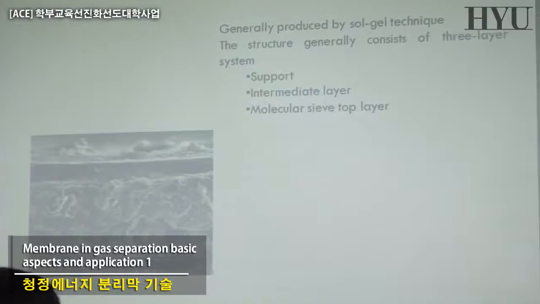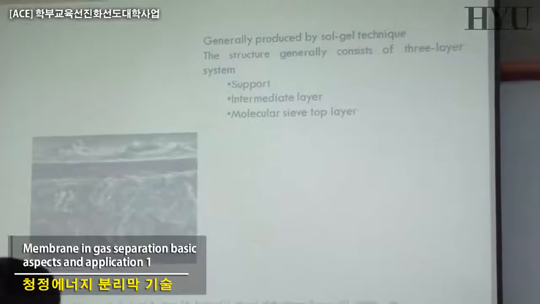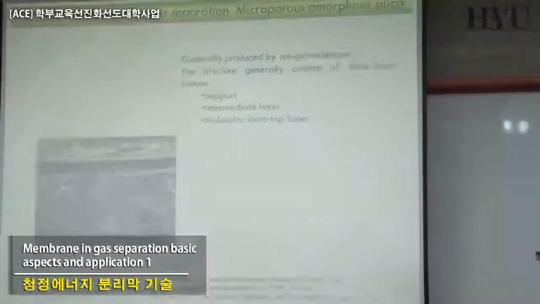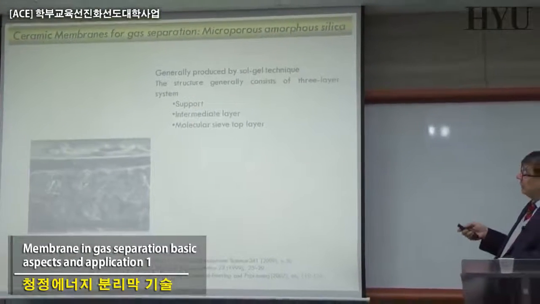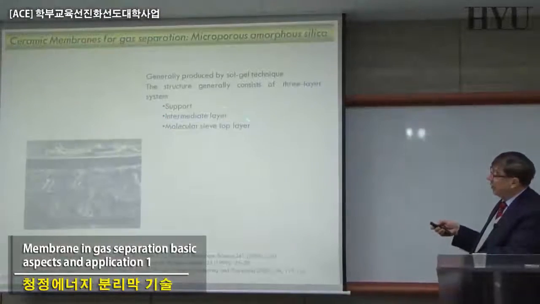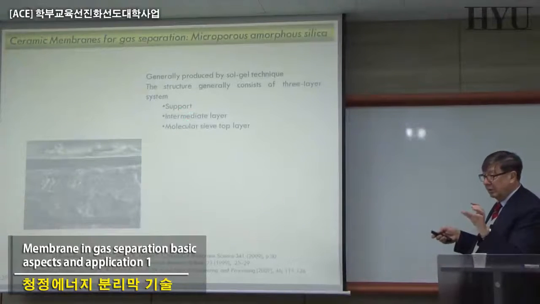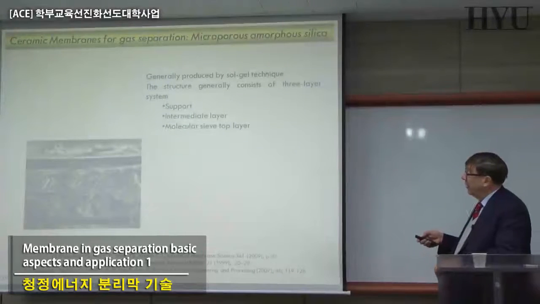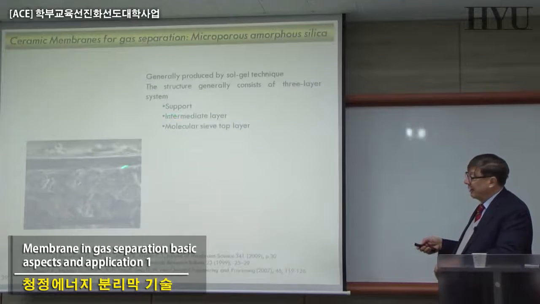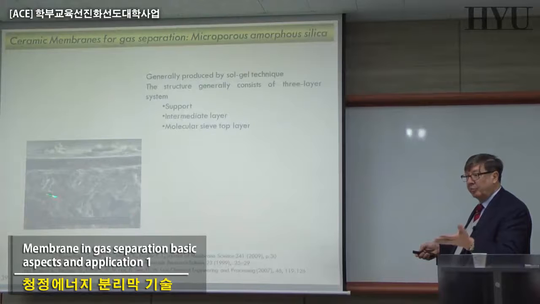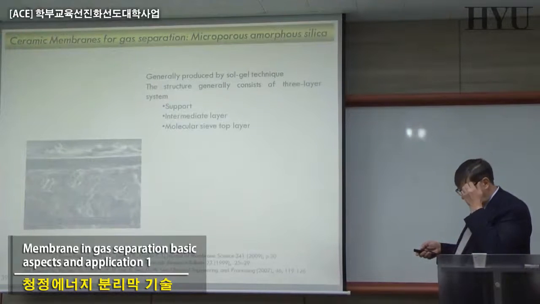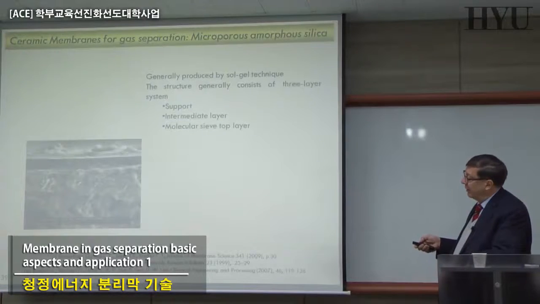And that is giving you the possibility to make some interesting inorganic membranes. As you see here, the overall morphology is given by at least 3 different layers. You have one layer that is nothing more than a physical support for the growth of the selective layer.